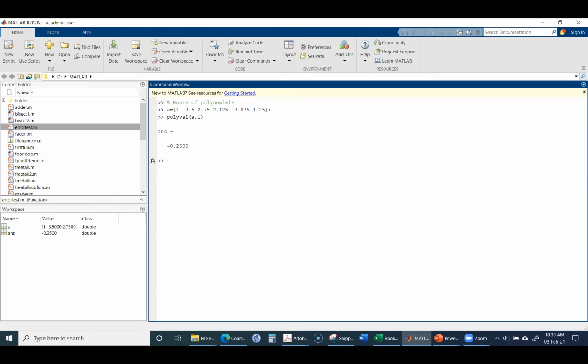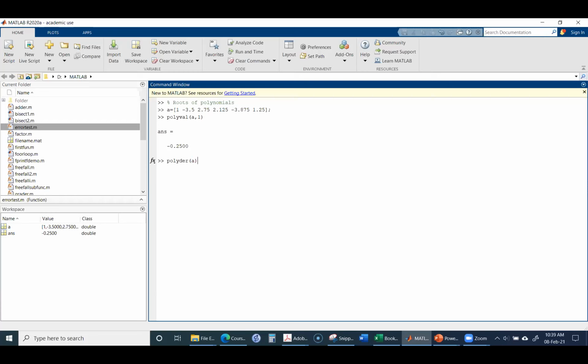Similarly, the derivative of the polynomial can be found with polyder, and then we have this polynomial which is represented as vector a. In this case, the coefficients of the polynomial are represented by vector a.